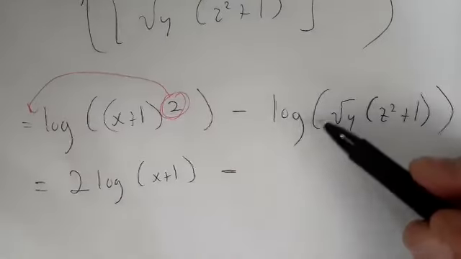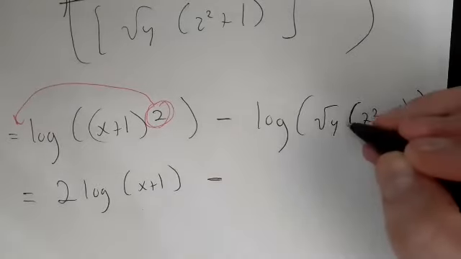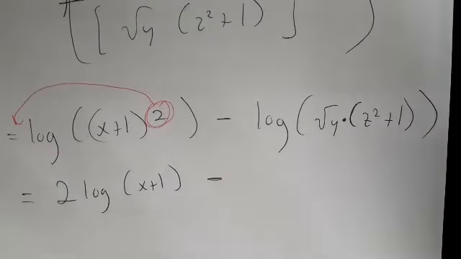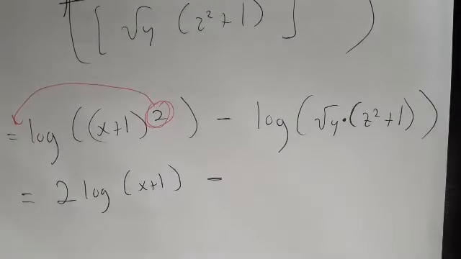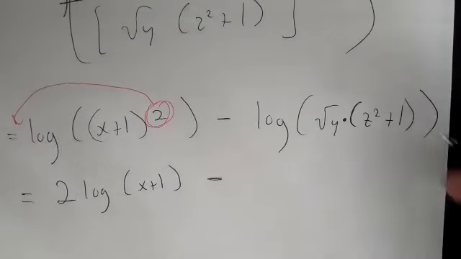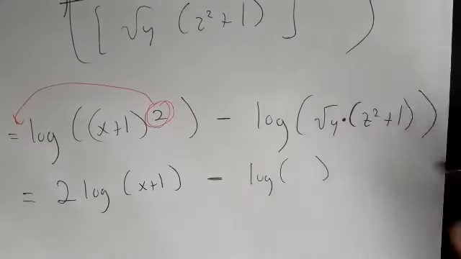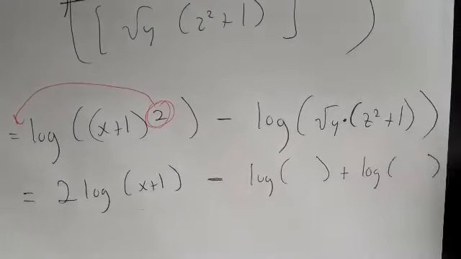If I'm looking inside here, I want to see if there's multiplication, division, or exponents. It looks like there's multiplication and exponents, but the multiplication is the first thing I want to take care of here. Now, this is the one where you have to be careful. If this is multiplication, this is sort of like addition of two separate logs.